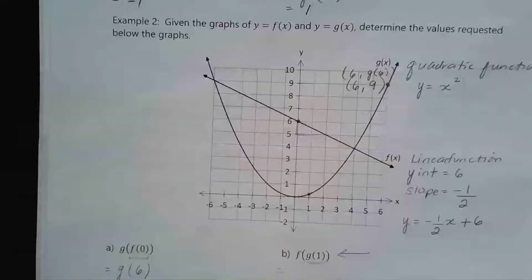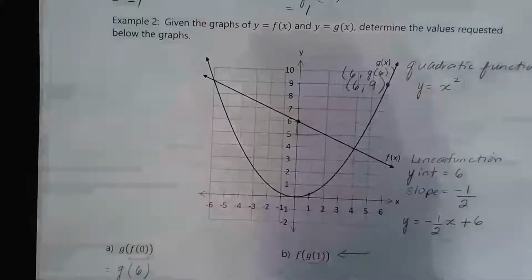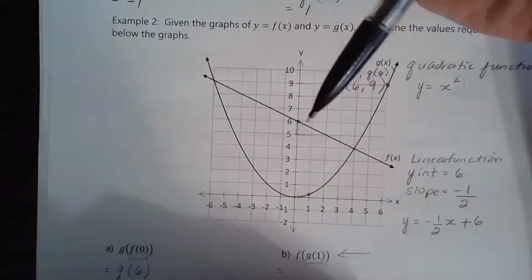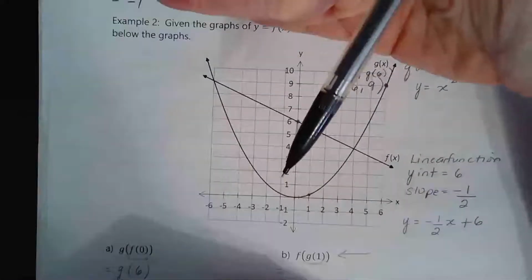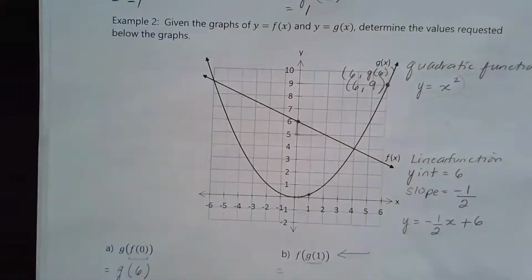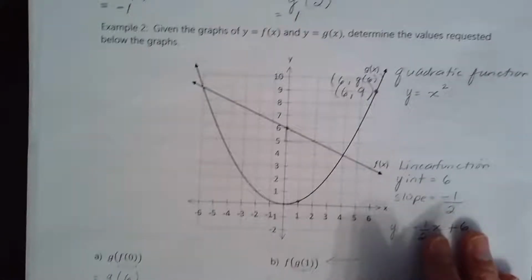But it's not. So it looks like this graph is vertically compressed, but we don't know by how much. Let's see if we can figure it out.